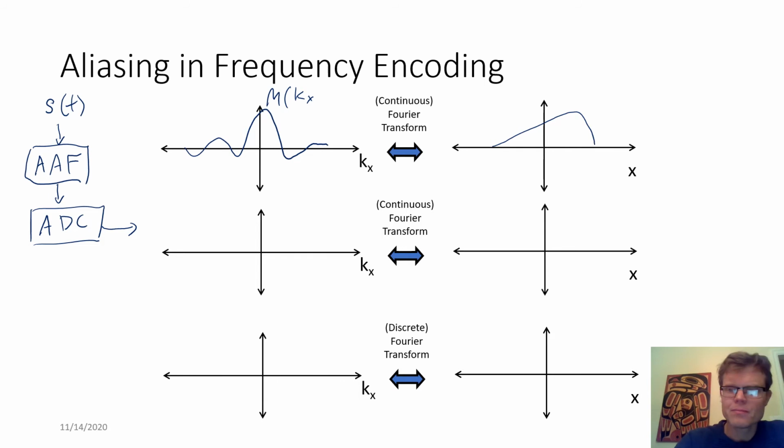Let's say we choose a sampling interval that is too far apart, such that we're not going to support this whole range here. But recall what our anti-aliasing filter is going to do.